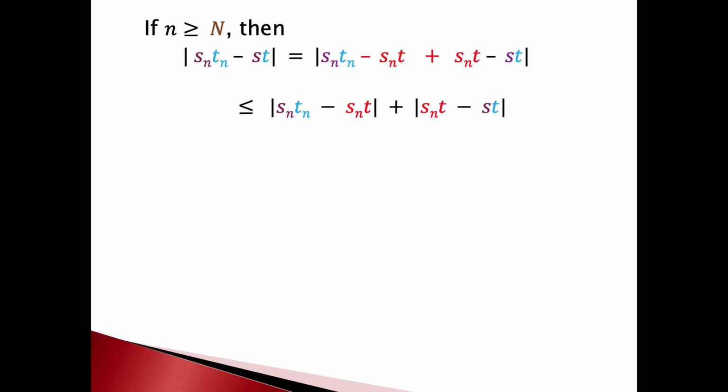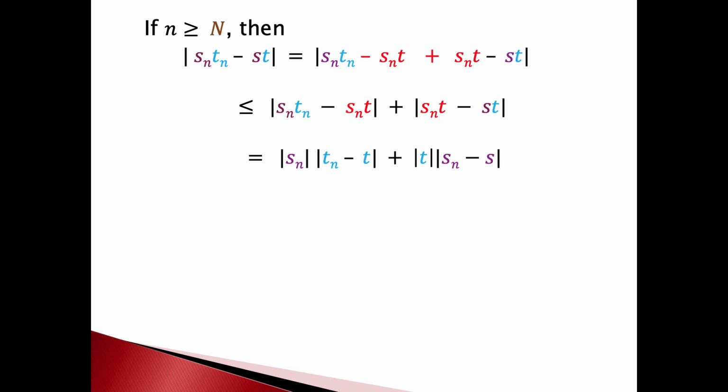In the second absolute value, I have SnT minus ST, and notice the T is common to both of those, so I can factor the absolute value of T out. So now I'll change the colors back so they match a little better. When I factor out the common thing from each, the first absolute value has the absolute value of Sn times the absolute value of Tn minus T. The second gets the absolute value of T factored out times the absolute value of Sn minus S.